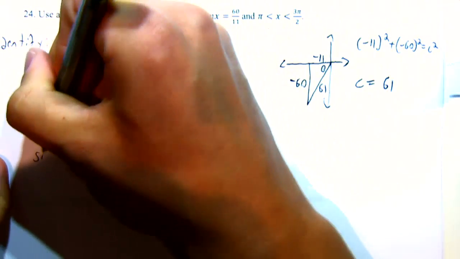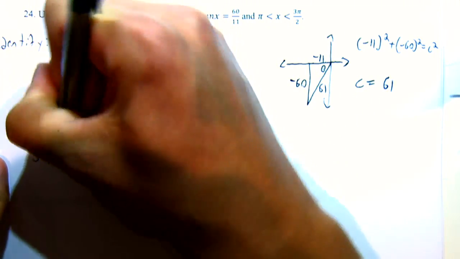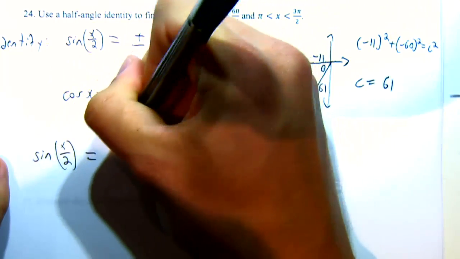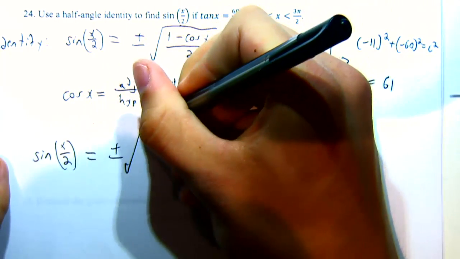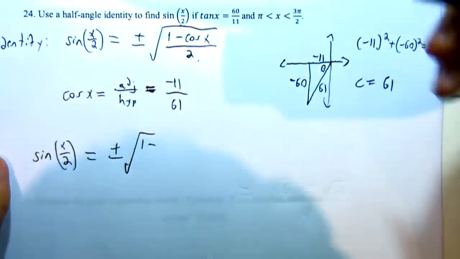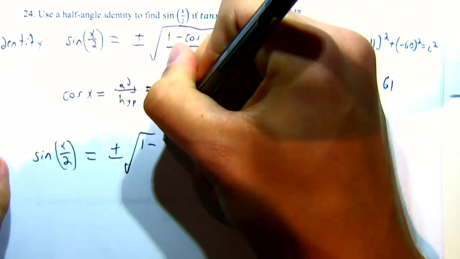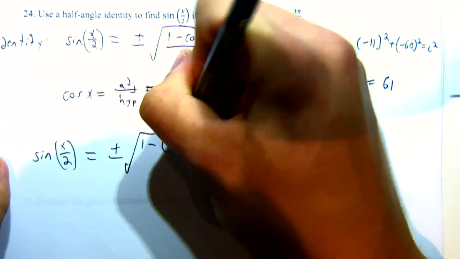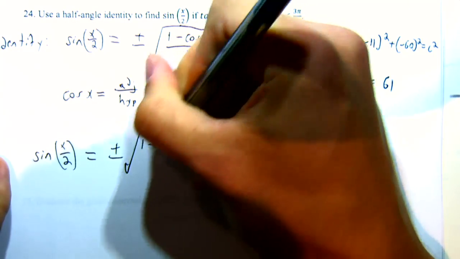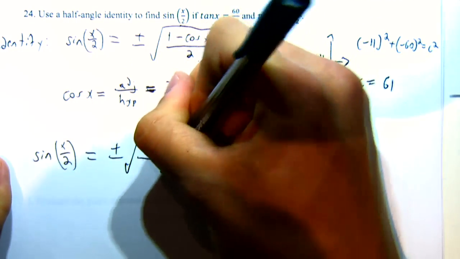Now we can use our identity. And then 1 minus negative 11 over 61, over 2.